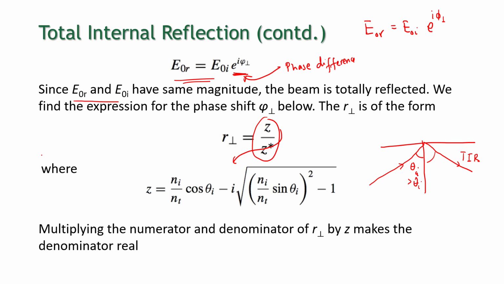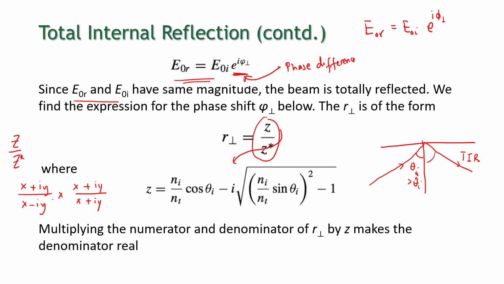Let's say you have a ratio of two complex numbers, and you want to make the denominator real. Let me show you a real example here. Let's say we have x plus iy over x minus iy. If I want to make this denominator a real number, then I multiply numerator and denominator by the complex number on the top.